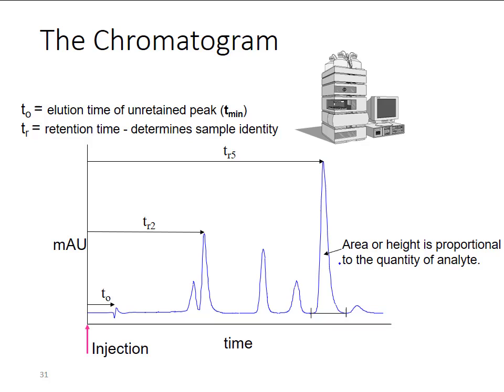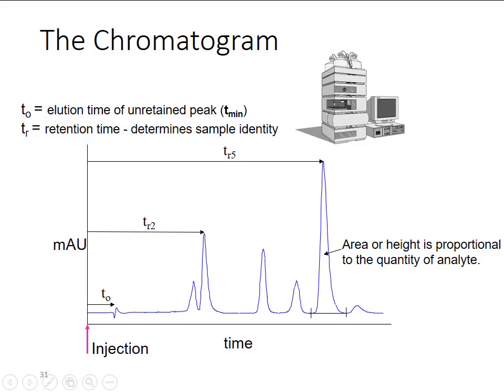As I mentioned before, the area or height of each peak is proportional to the quantity of each of these solutes or analytes, and each of these analytes can be identified by its retention time, which is given by the time that elapses from the injection to the maximal height of the peak.